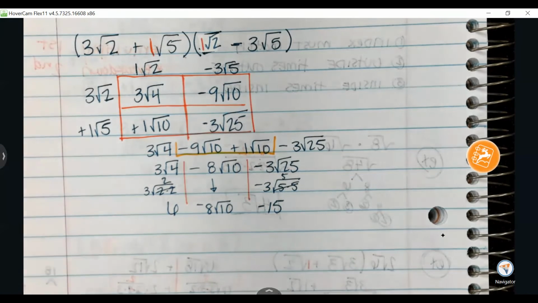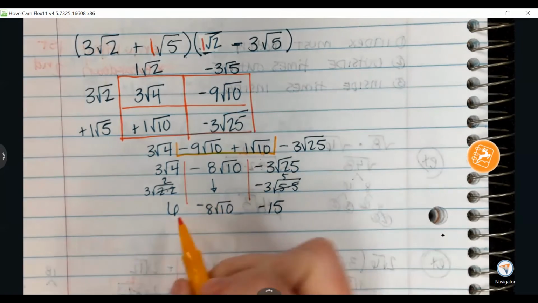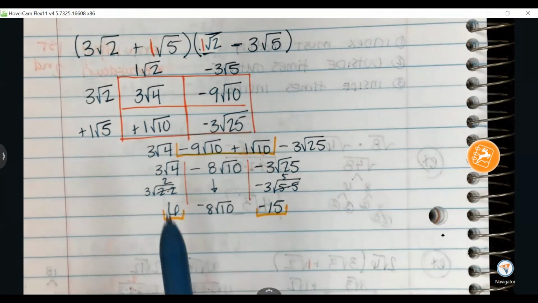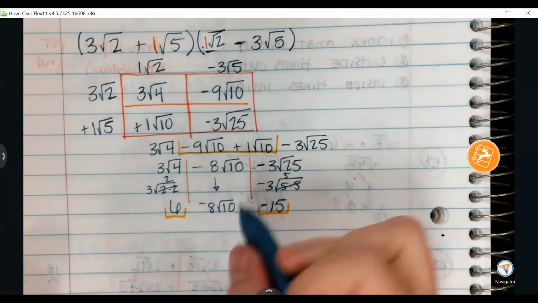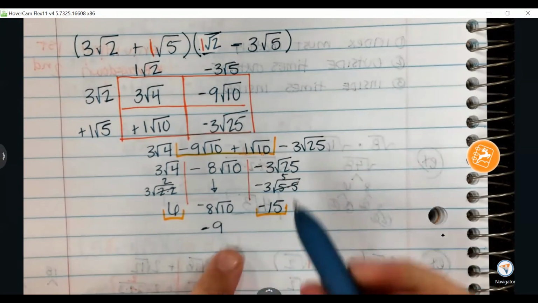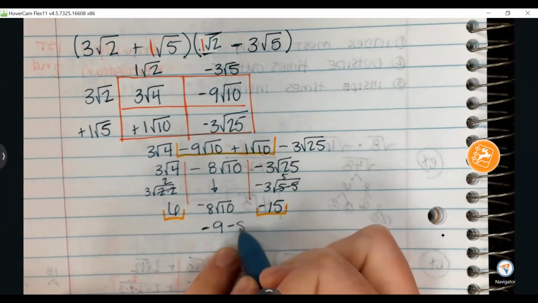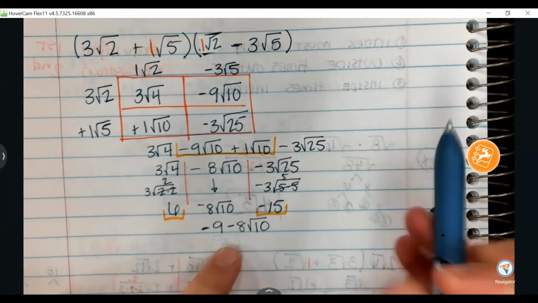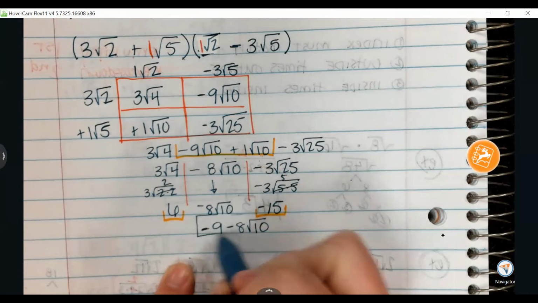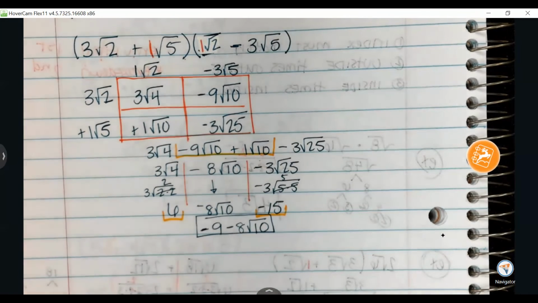The 6 and the negative 15. These two right here look exactly the same. So what is 6 minus 15? Negative 9. And then what's going to stay behind the negative 9? Negative 8 square roots of 10. Can those combine? No. So that would be my answer.